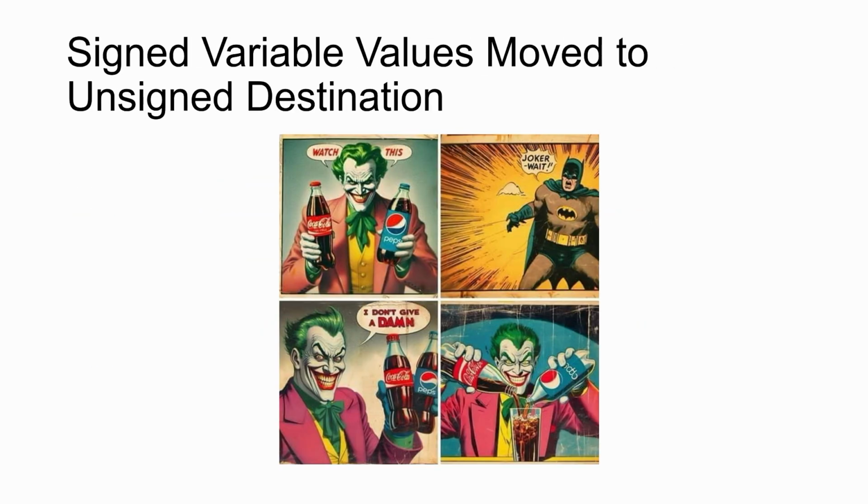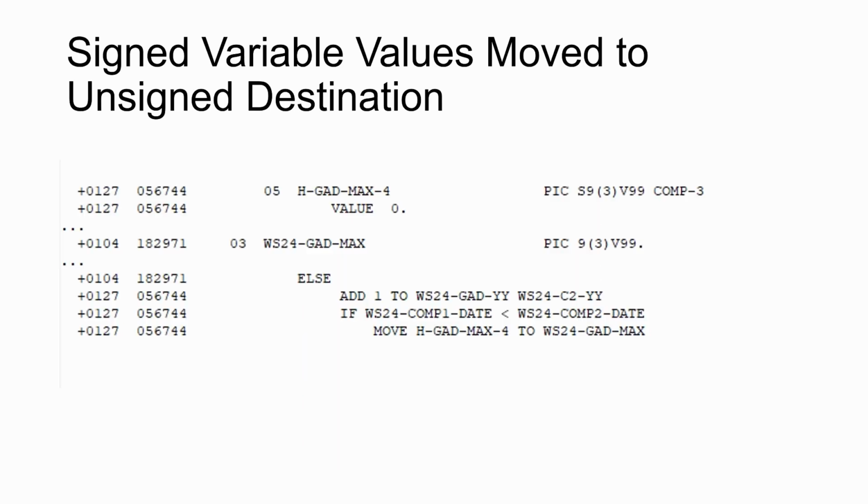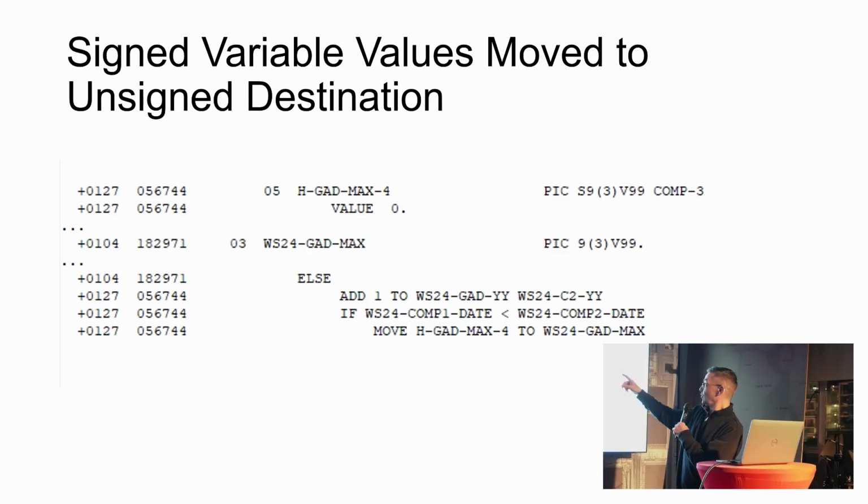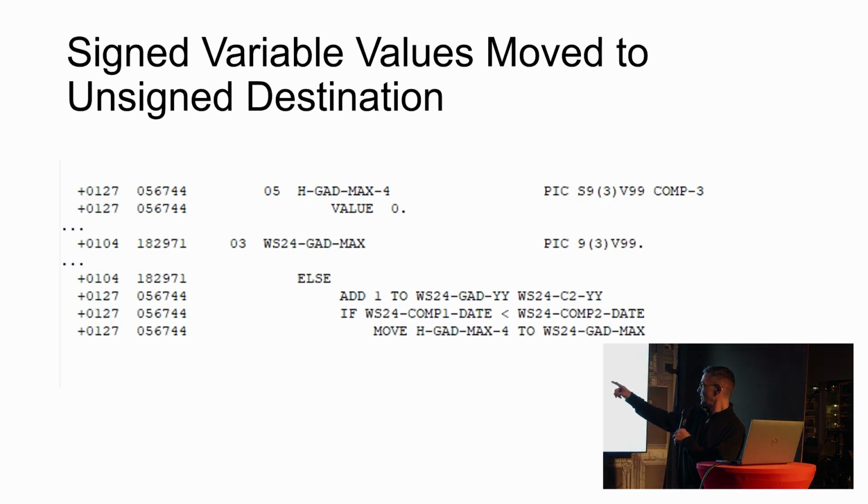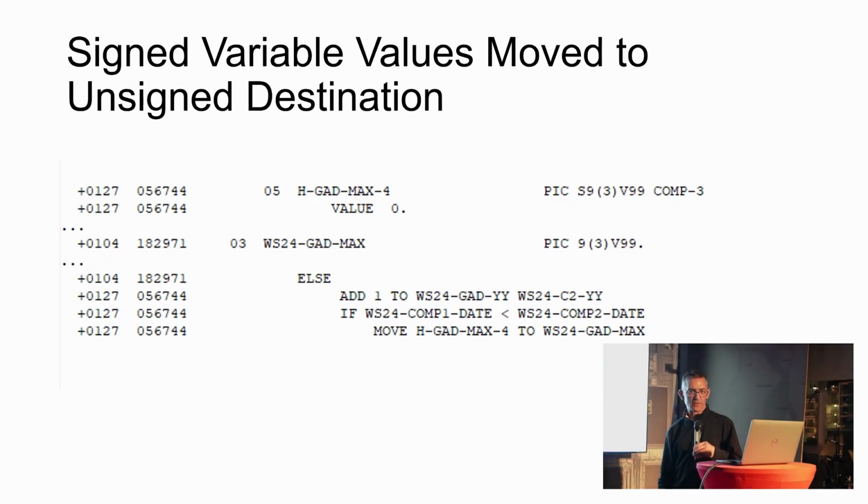As C programmers will know, there are some things that should never ever be mixed. And it does allow you to copy signed variable values into an unsigned destination. It will just assume you've done that on purpose, you asked for it. Like this code here, it copies hgadmax, the first variable, which is signed, into gadmax there, which would just copy the signed variable into the unsigned field.